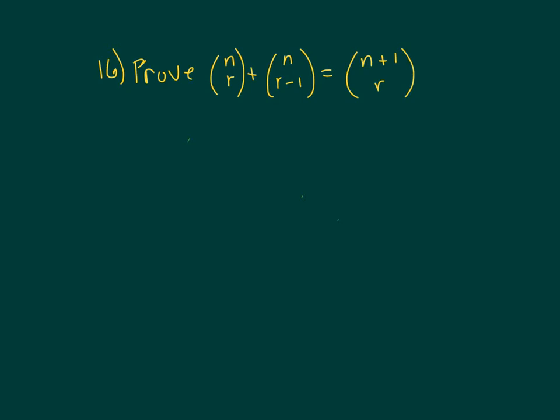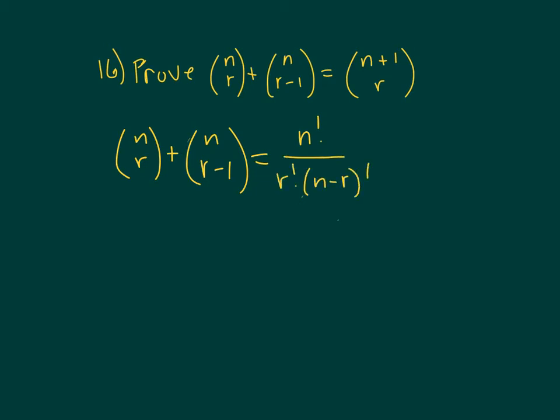Let's just write down the left-hand side. So I have n choose r plus n choose r minus 1. And I am just going to use the definition of combination. So the formula is n factorial over r factorial times n minus r factorial, plus, for this second expression, again, I'm just going to use the formula.